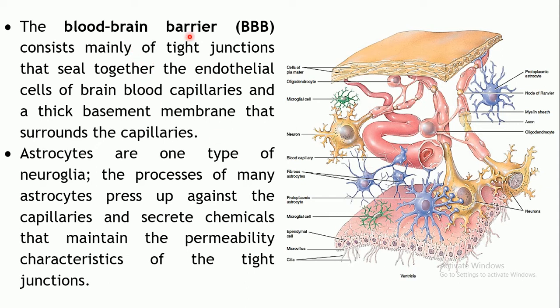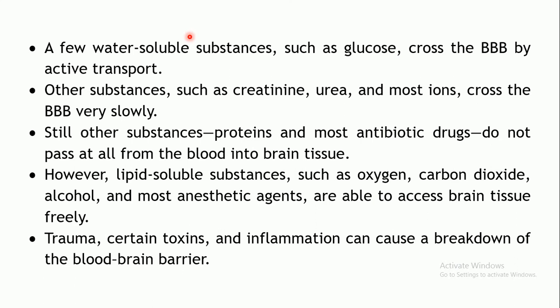So that's the composition of the blood-brain barrier. There are very few water-soluble substances like glucose which can cross the blood-brain barrier, and that too by active transport. Whereas substances like creatinine, urea, most of the ions, cannot cross the blood-brain barrier very easily.